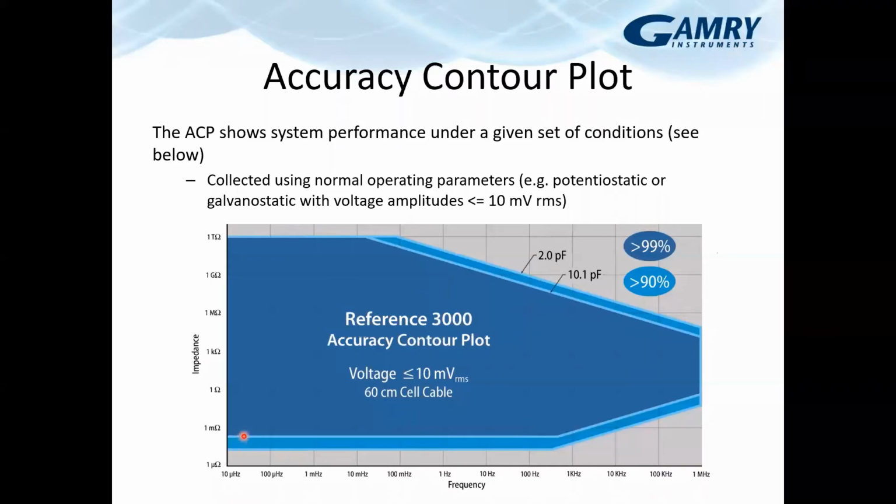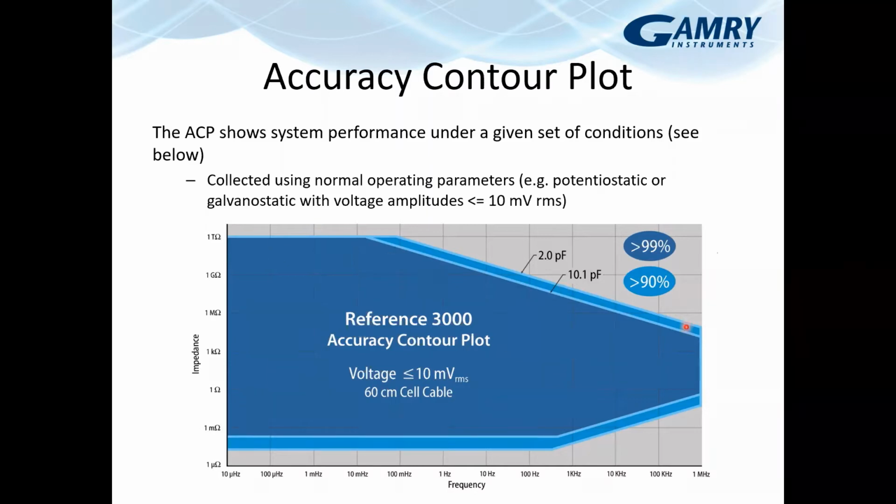What is happening is that a high current signal is needed to make these measurements, and with that CMRR limitation, some of that signal can bleed over into the voltage sensing leads, and that ends up giving you a DC limit for impedance measurement on the low side.